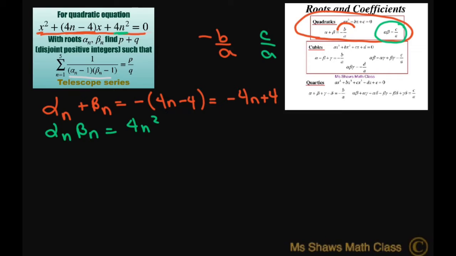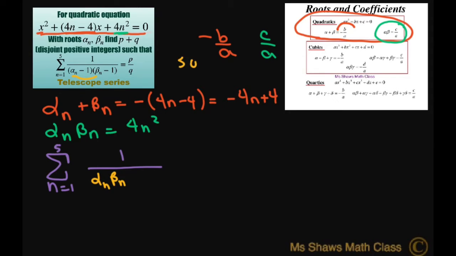Now that we have this equation here, what we're going to do is distribute this denominator. So we're going to FOIL it out. So we're going to have the sum from n equals 1 to 5 of 1 divided by, and now basically we're doing alpha times beta, or this will be alpha sub n times beta sub n.